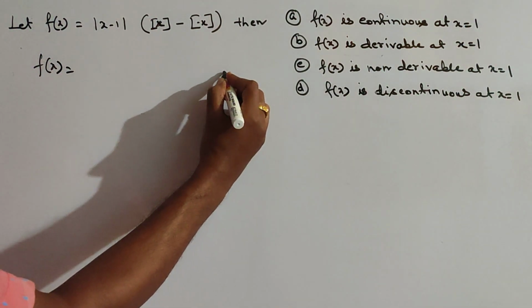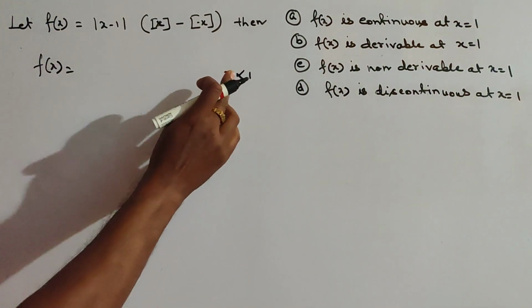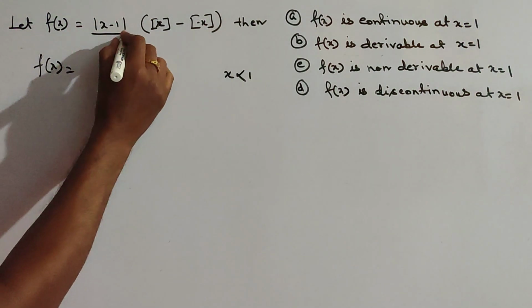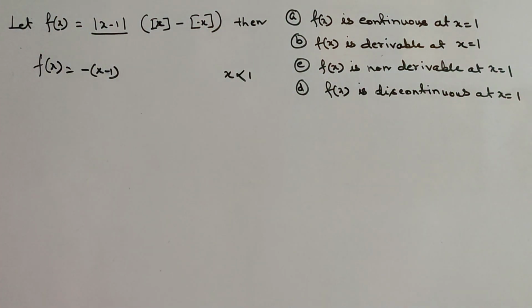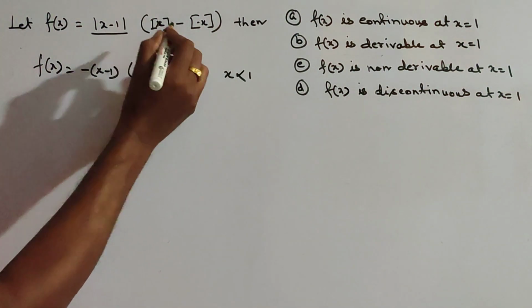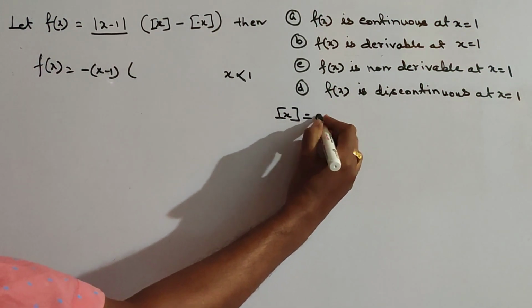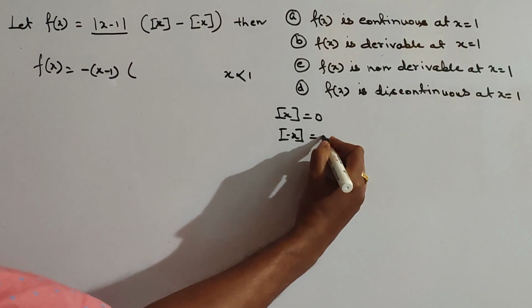This is if x less than 1. If x less than 1, then obviously this is negative, minus x minus 1. And if x less than 1, then box x is equal to 0, and box minus x is equal to minus 2.